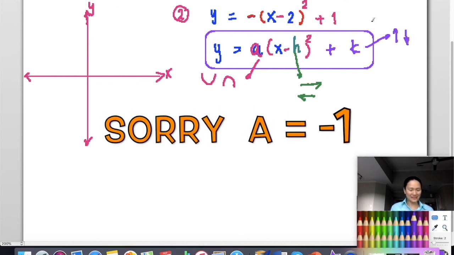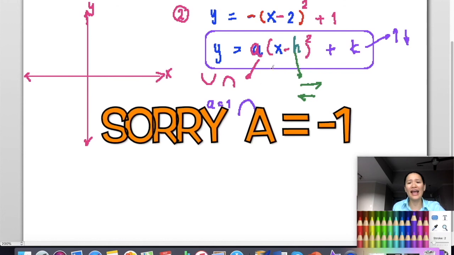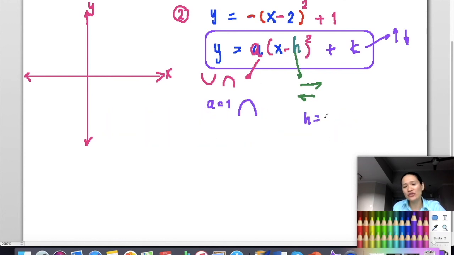Okay, let's see. In this question, our A is negative 1, so that means our graph is going to be inverted. And H equals 2, so it shifts right 2 units. And K is plus 1, that means it goes up 1 unit.